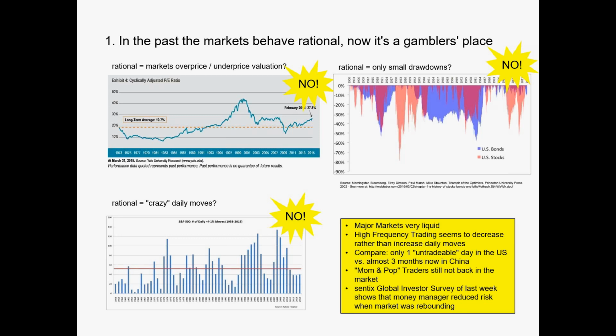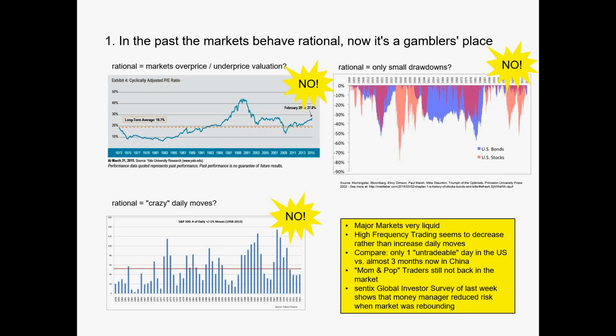And another interesting analysis I've read is this weekly global investor survey from Sentix. I think most of the money managers participating come from Europe, but the signal was very clear in the last 2 weeks. They used the little rebounds to reduce risk and not to jump into the market again.